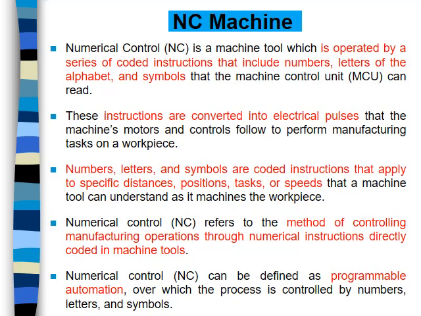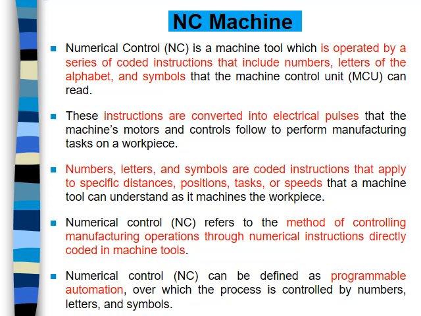So numeric control is a machine tool which is operated by a series of coded instructions that include numbers, letters of the alphabet and symbols, which the machine control unit can read. These instructions are converted into electrical pulses that the machine motors and controls follow in performing manufacturing tasks on a workpiece. Numbers, letters and symbols are coded instructions that apply to specific distances, positions, tasks or speeds that a machine tool can understand as it machines the workpiece.